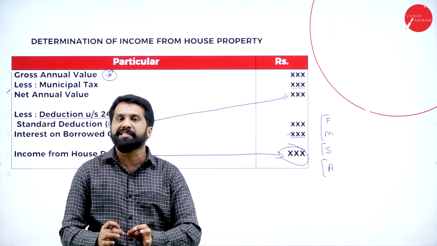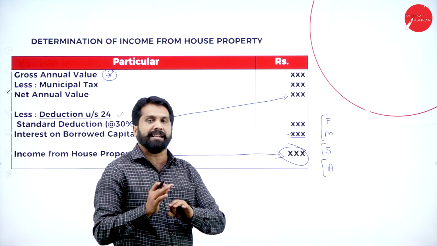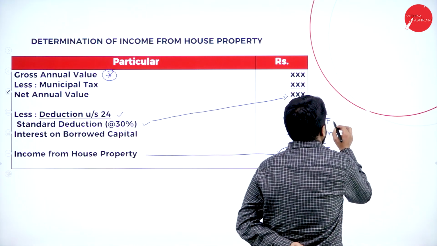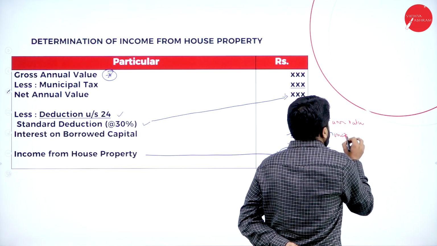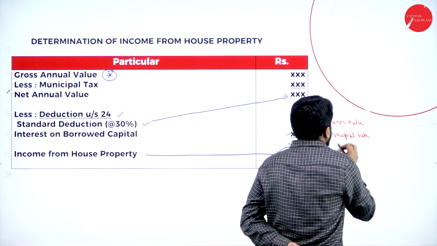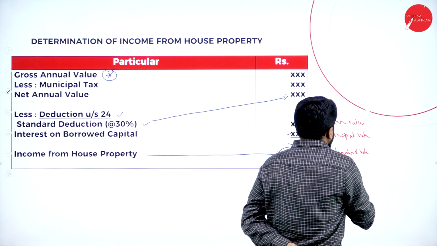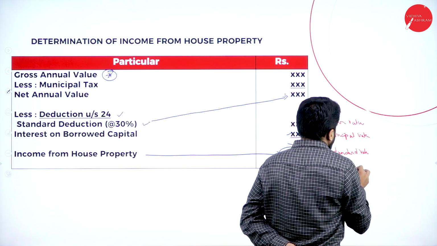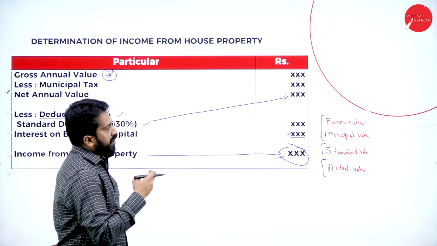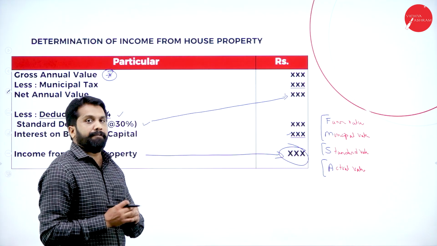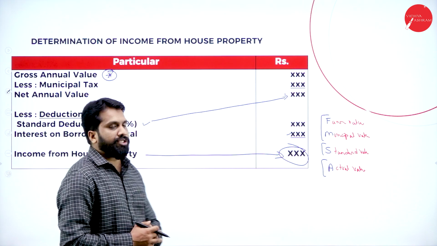S stands for standard rent. A stands for actual value. I'll write it down there itself. Remember these things. So I have taken a shortcut: F, M, S, A. Fair value, municipal value, standard rent, as well as your actual value.